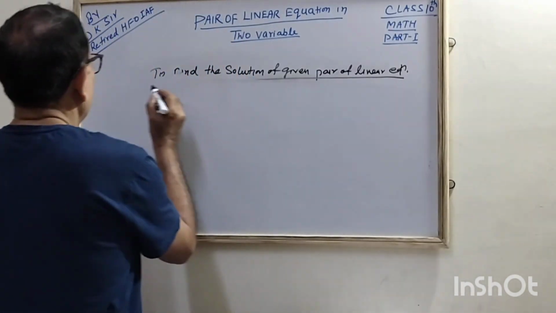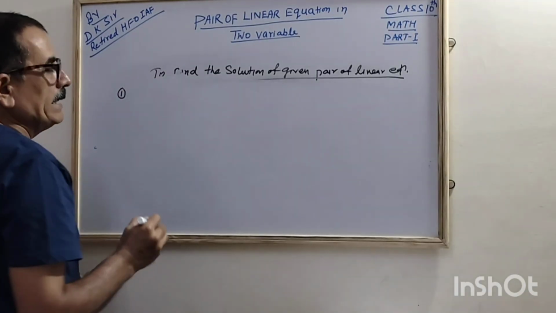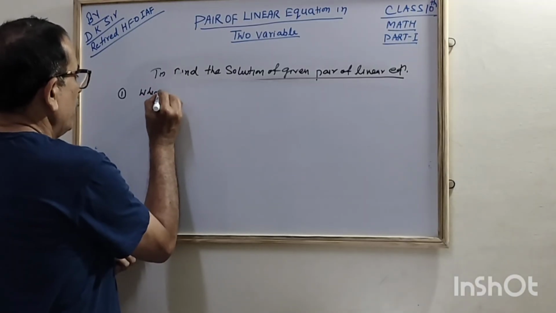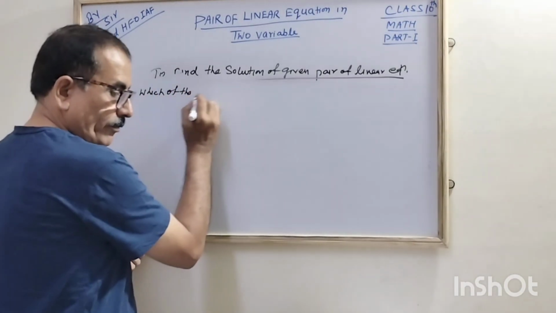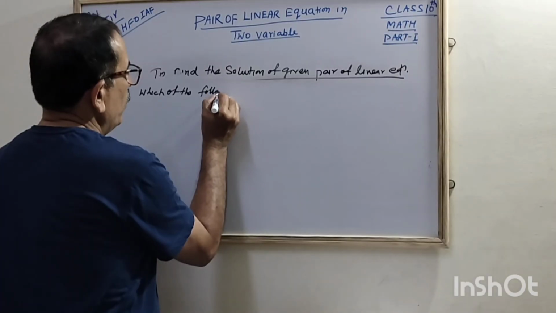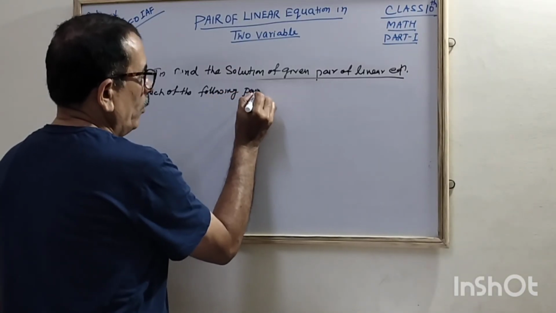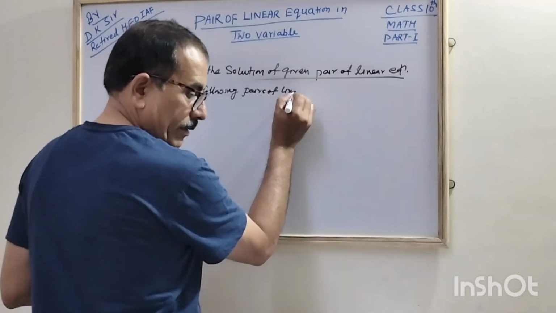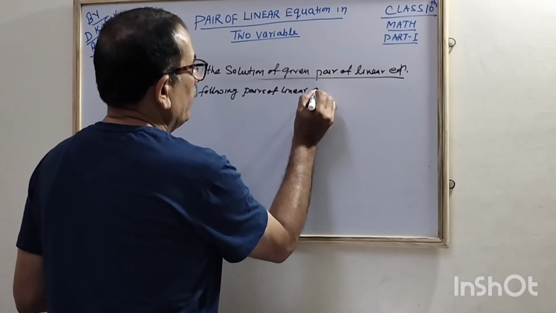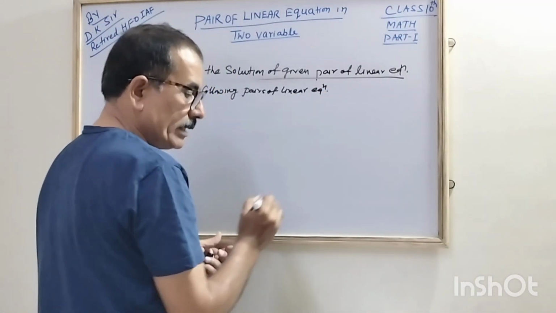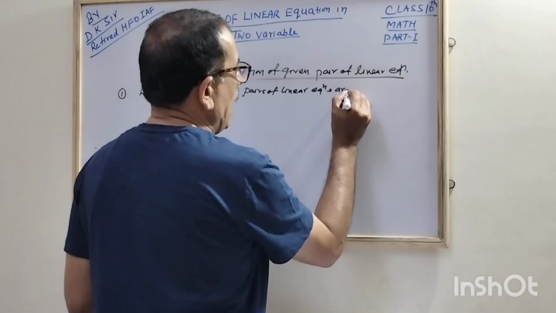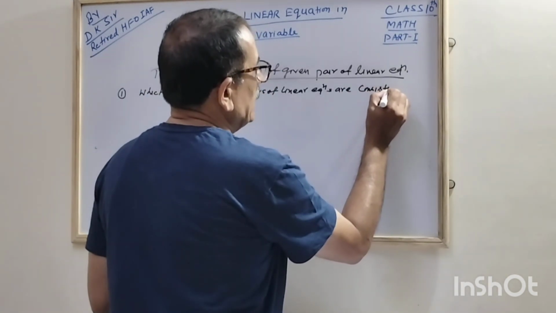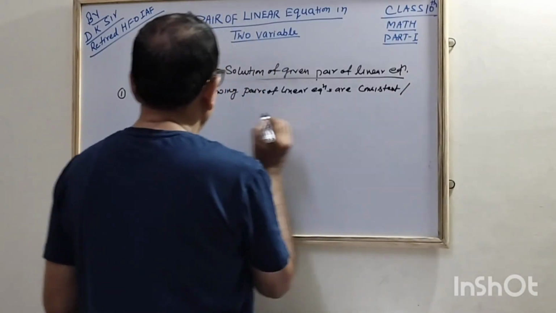Now the question I am writing is from your NCERT book: which of the following pairs of linear equations are consistent?